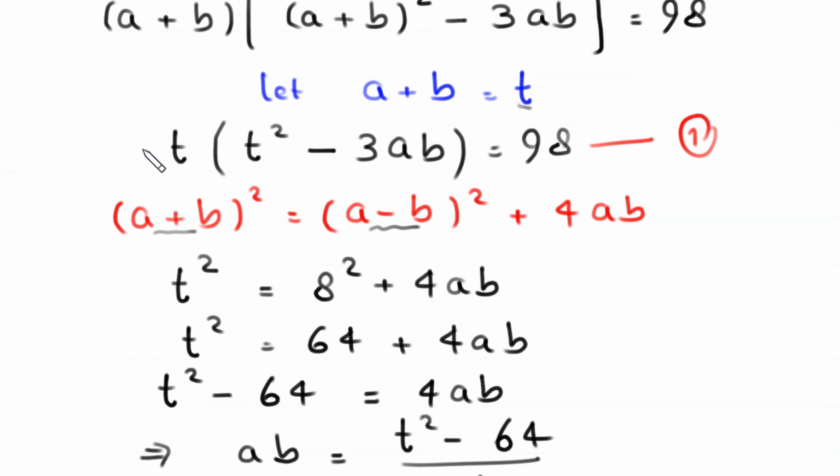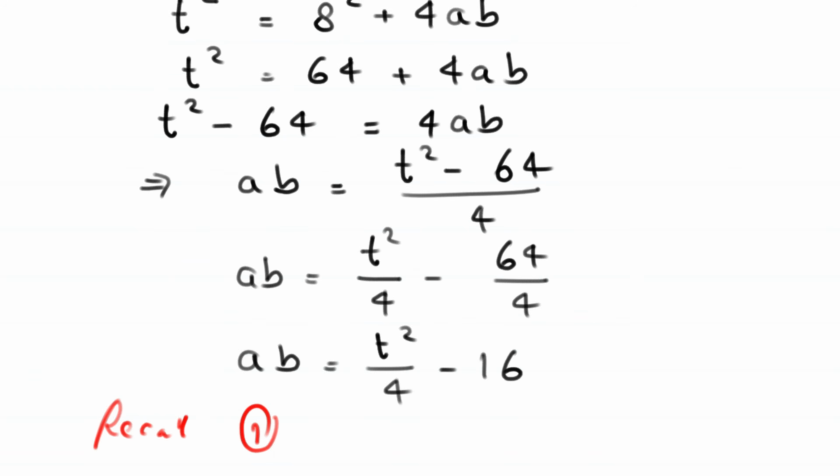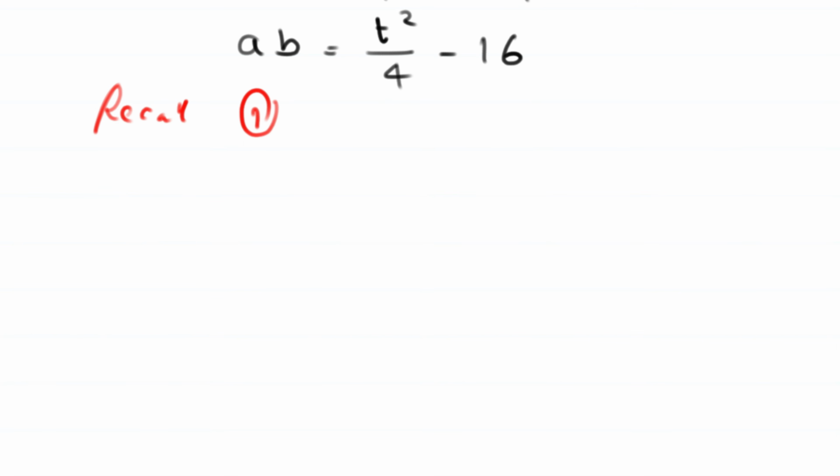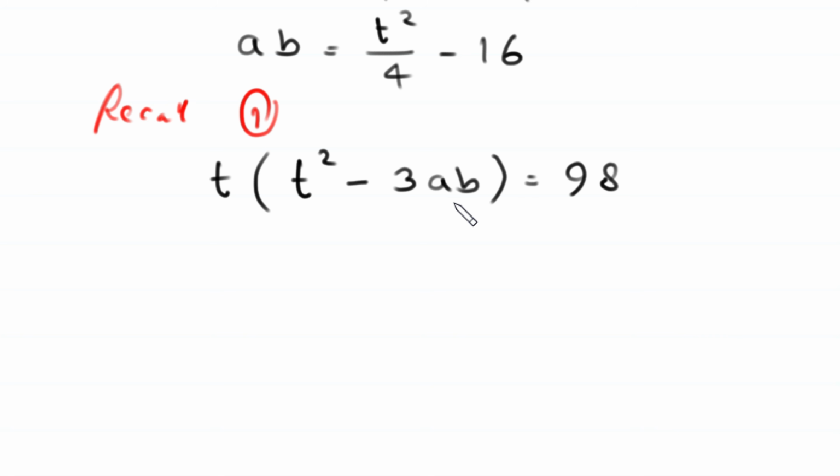Equation 1 is t times t squared minus 3 times ab equal to 98. In this equation we replace this a times b with this t squared over 4 minus 16.